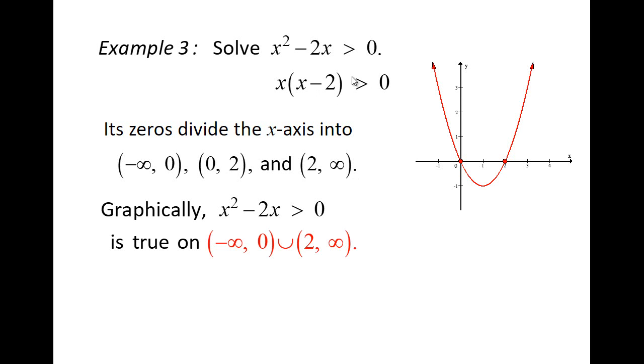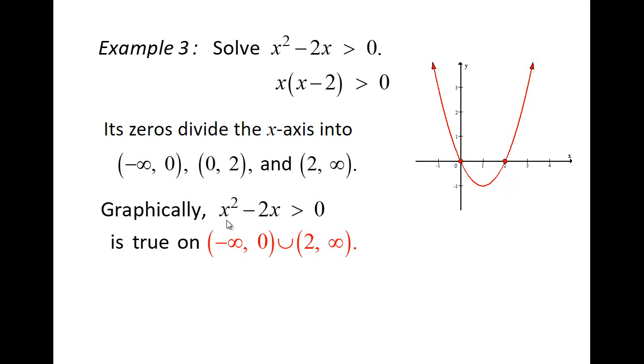So if I draw the graph of this polynomial, I get this parabola. And looking at this graph, we see clearly that this polynomial is positive when x is less than 0, that is, when x is in the interval from negative infinity to 0, and when x is bigger than 2, that is when x is in the interval from 2 to infinity, the polynomial is positive.